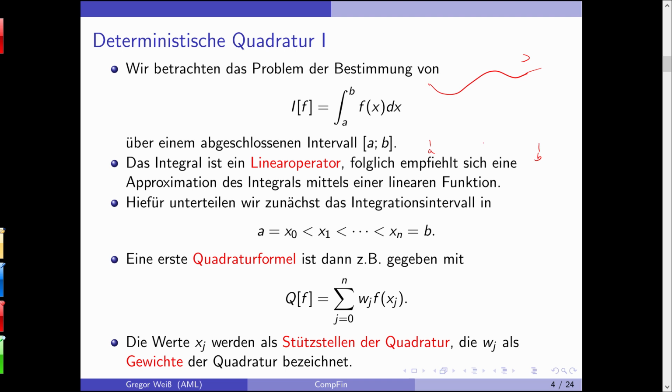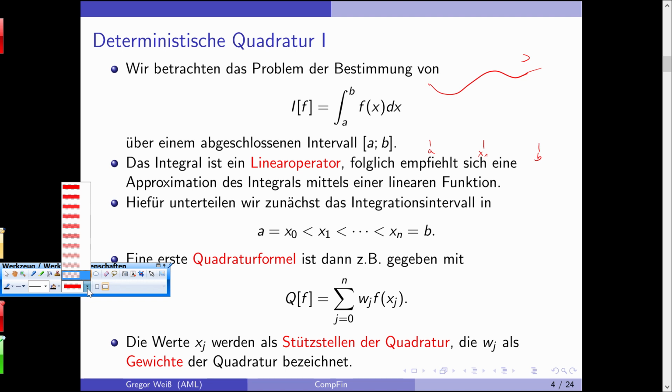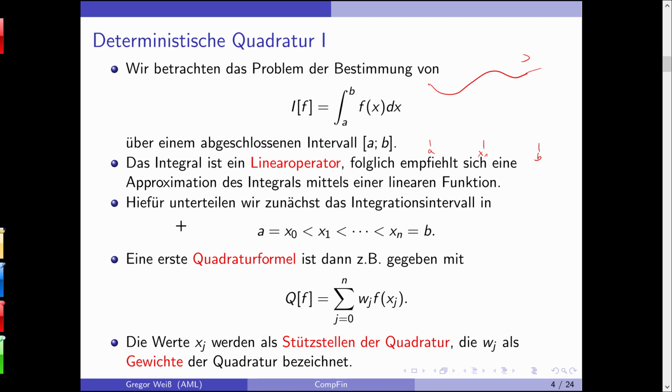A very simple idea would be x1 and let me get some rectangles. Where's the color? Let's hope this works. Yeah, perfect.